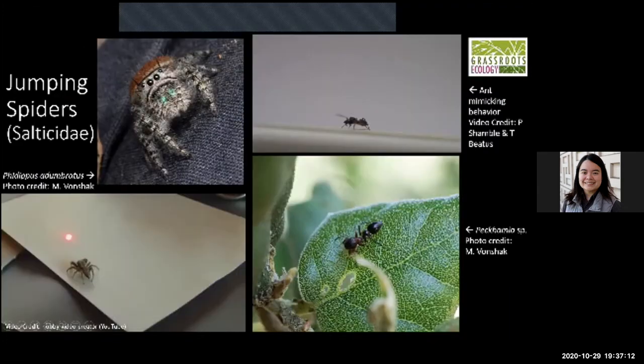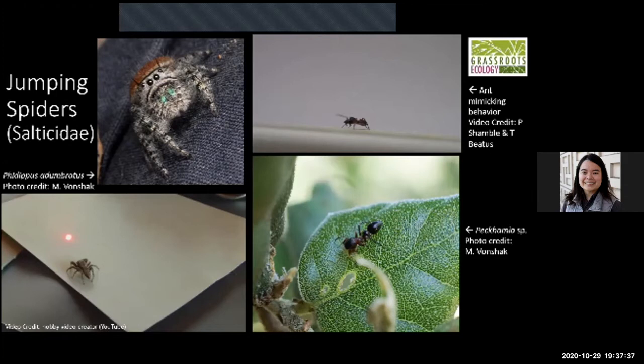I think my final slide, the last type of spider that I'll talk about, are the jumping spiders. I think these are one of the most charismatic spiders that have actually made it mainstream and have been the gateway spider for people to not think that spiders are super scary, because they look very similar to us.